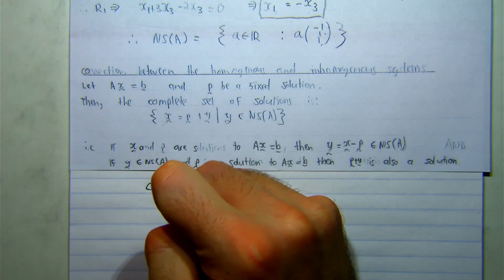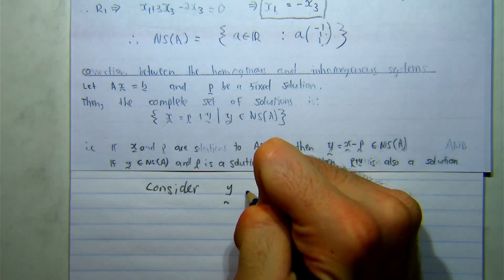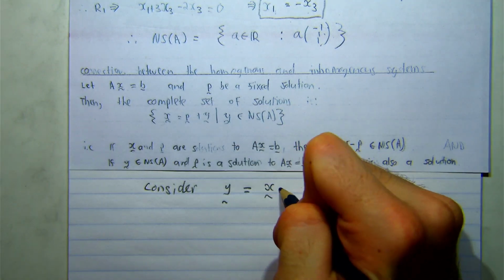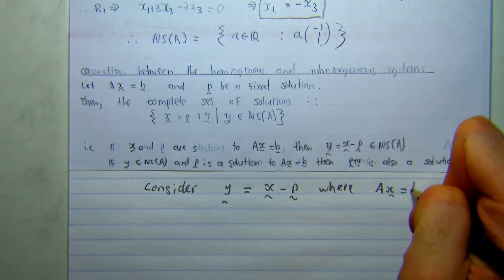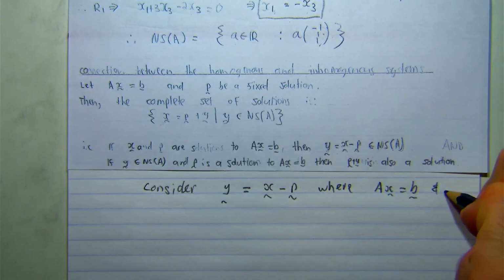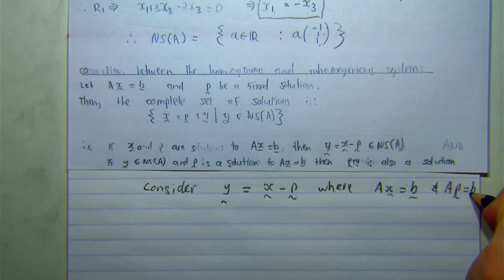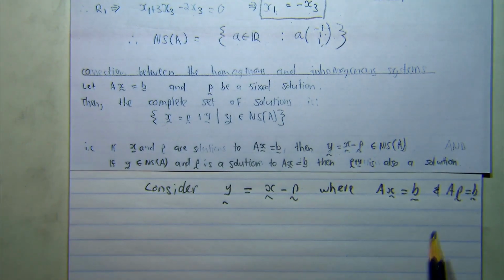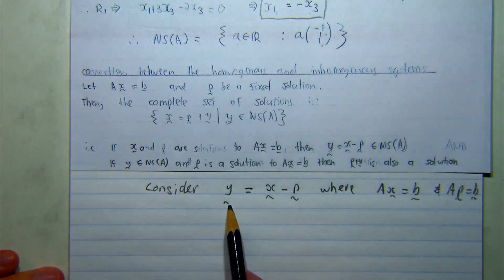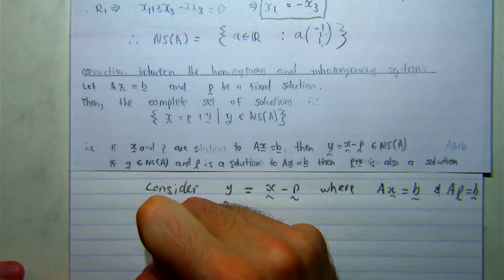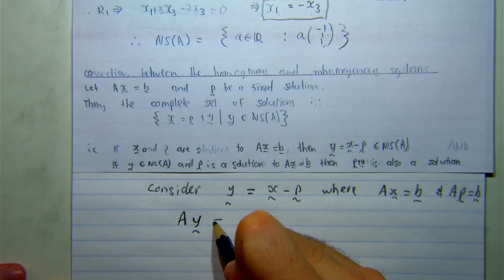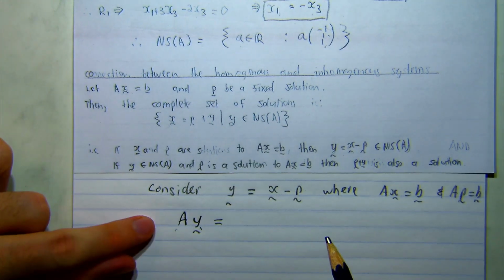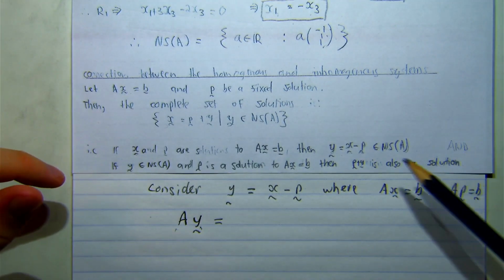So consider Y, which is equal to X minus P, where AX is equal to B and AP is equal to B. So they're both solutions, which means they both, when multiplied by A, equal B. So if Y is equal to this, we can investigate what happens when we multiply A by Y. And according to this, Y is in the null space.